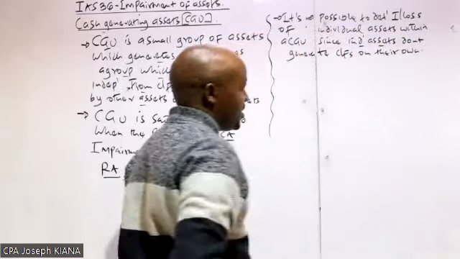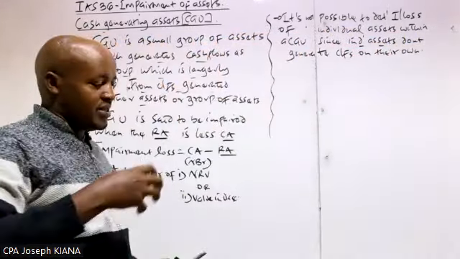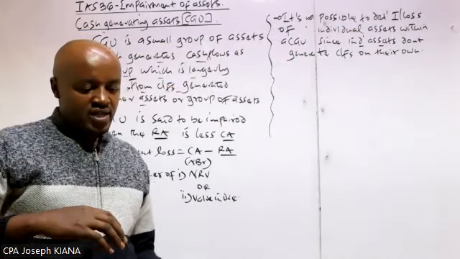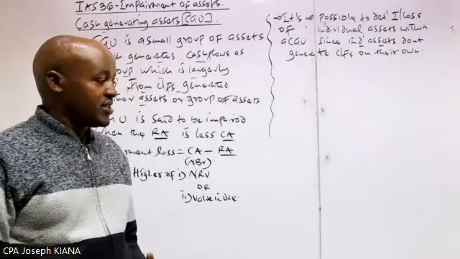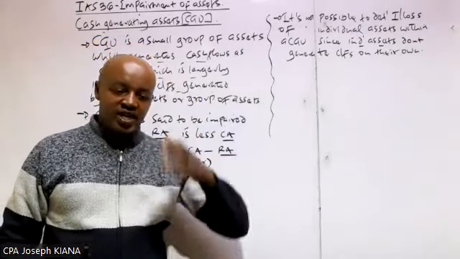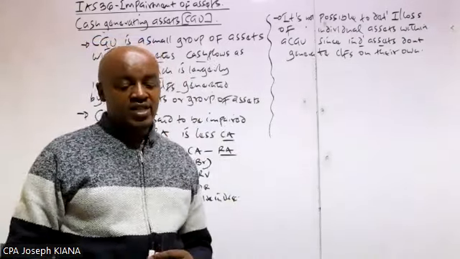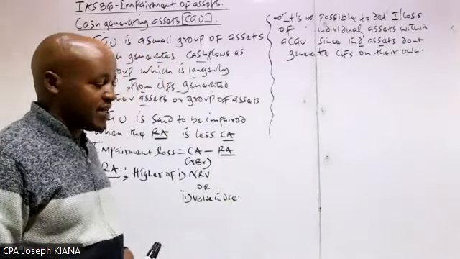Because in this case, the assets within this particular group generate cash flow as a group, meaning that if you pick an individual asset, it can't generate cash flow on its own. A good example of a cash generating unit is something like a factory.